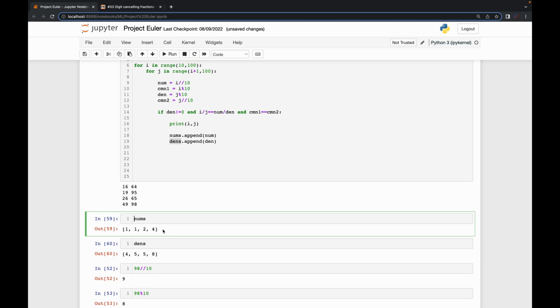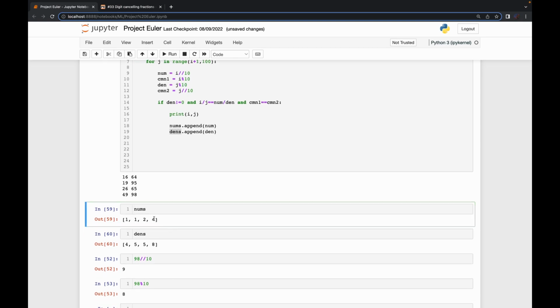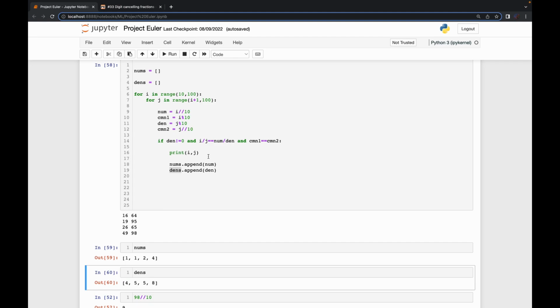in order to make it the shortest term, here you see we have 4 and 8. The denominator is 8 and the numerator is 4, and 4 divides 8 totally. So instead of saving this, we want to save the numerator as 1 and the denominator as 2. How can we do that?